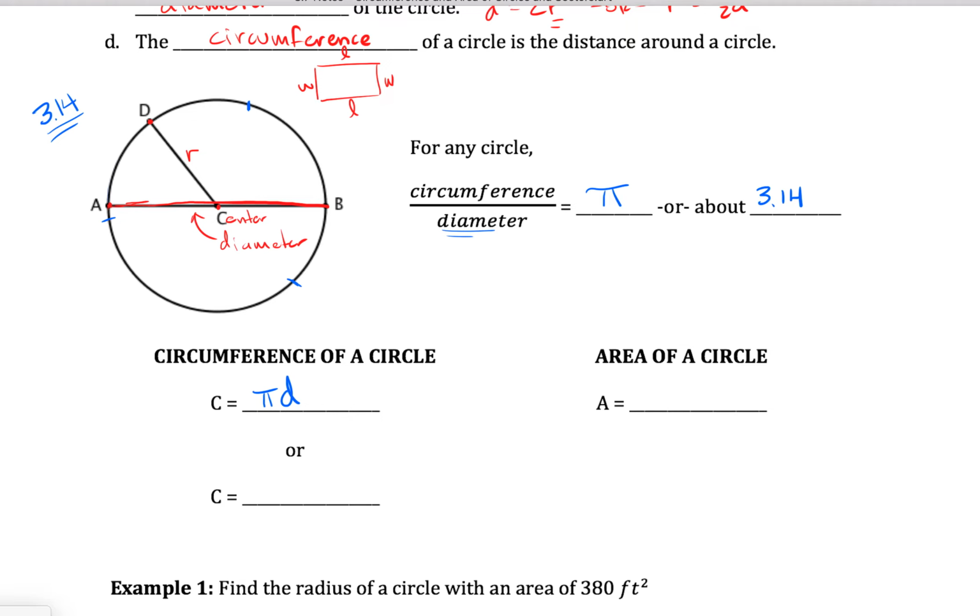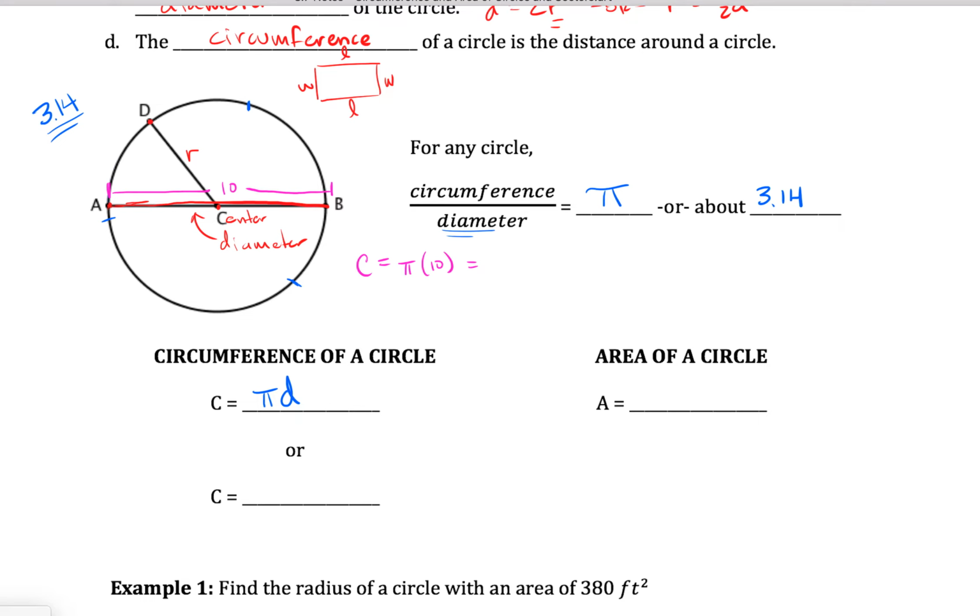So if I knew that the diameter of this circle from here over to here was 10 units, then the circumference of that circle would be pi times 10. And so I would grab my calculator and take pi times 10. When I do that, you're going to want to use pi, don't use 3.14, and you're going to get a big long decimal answer.